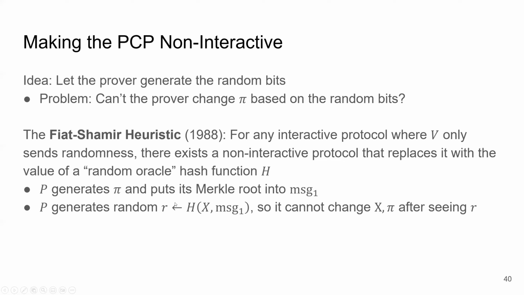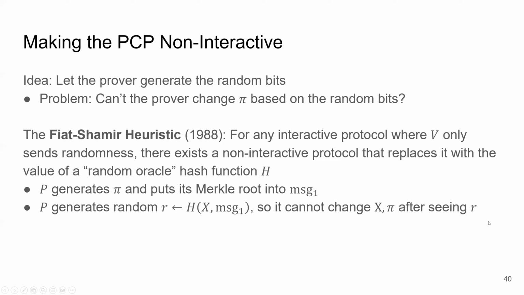That way the randomness it generates is binding to the Merkle root that I had built before, and thus binding for its proof. If the prover changes its proof later on, after it has seen the randomness, then this relationship will no longer be true. And so by having the prover generate randomness that is reliant on the proof it built in the first place, it forces the prover to have committed to its proof without the prover actually sending it to the verifier yet.